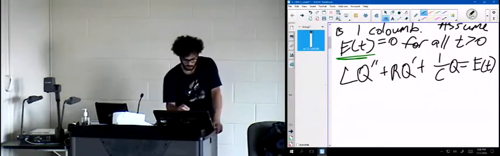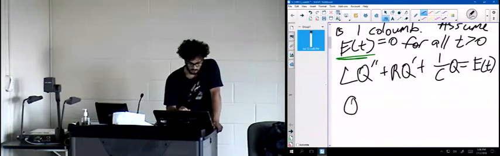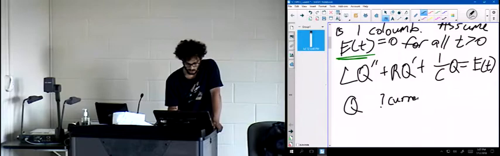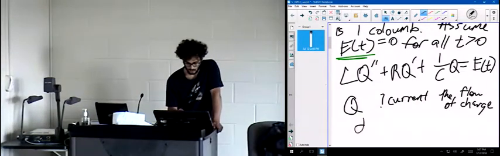There's one thing you might need to know is you have charge, right? And, well, what's current? It's simply just the flow of charge. And if you take a time derivative of that, it is exactly current.